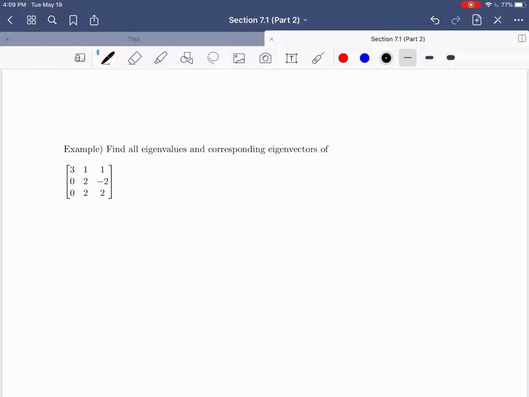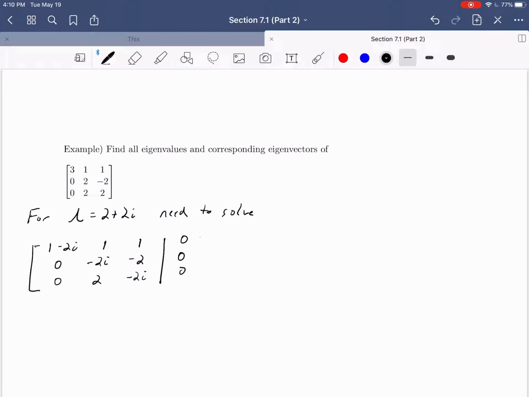All right, so now for lambda equals 2 plus 2i, we need to solve. We're going to subtract 2 plus 2i from the diagonal. So it looks like we get 1 minus 2i, 1, 1, then 0, minus 2i, negative 2, and then 0, 2, minus 2i, and then we're going to be augmenting 0, 0, 0.